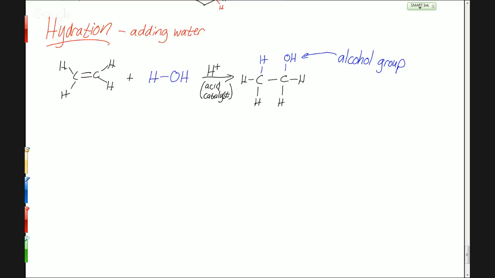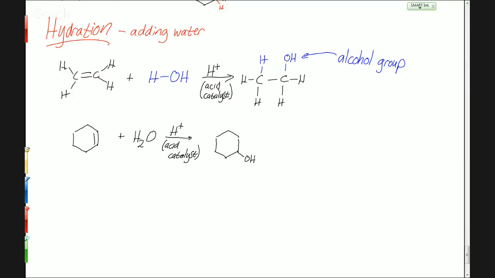If we want to look at this in terms of a line structure, if we take something like cyclohexene and add water with an acid catalyst, remember, we don't draw those hydrogens. So the hydrogen goes to one side, the OH goes to the other side.